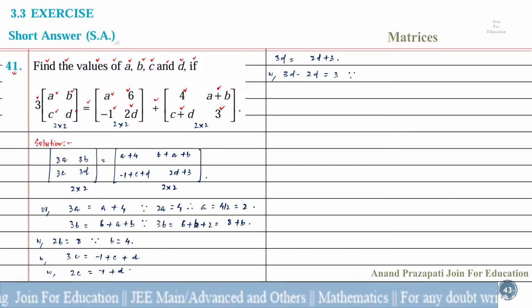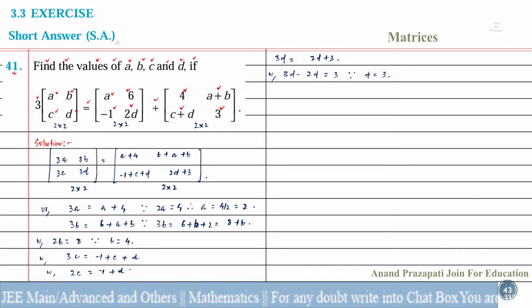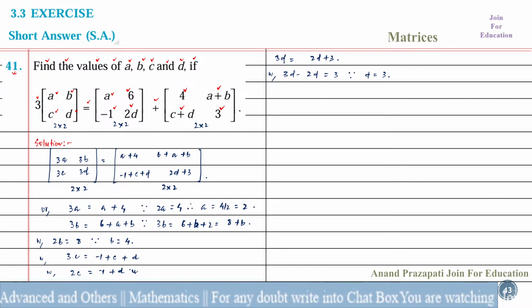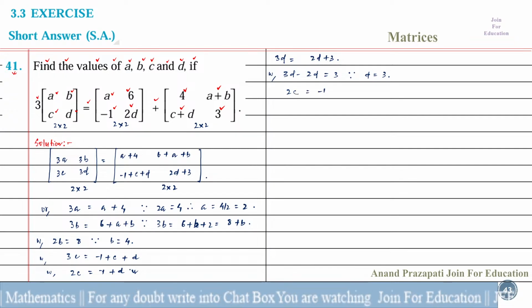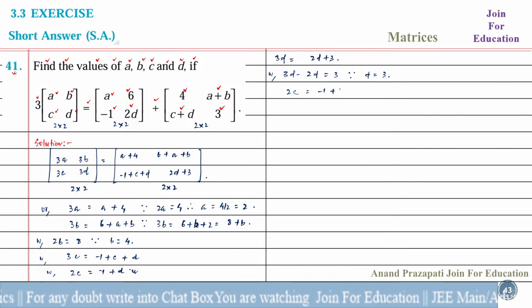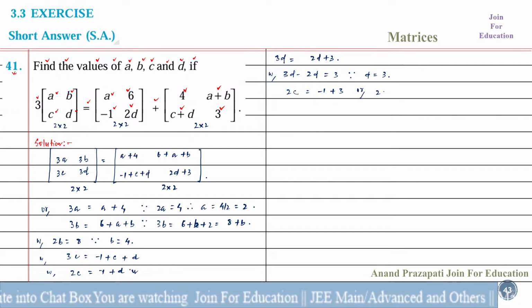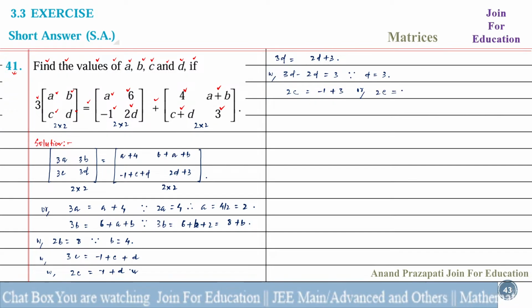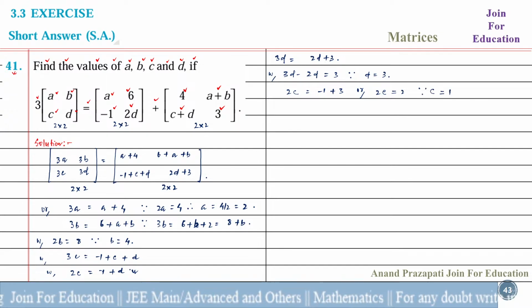Therefore d equal to 3. And let's see here, 2c equal to -1 plus d equal to 3, or here we get 2c equal to 2, therefore c equal to 1.